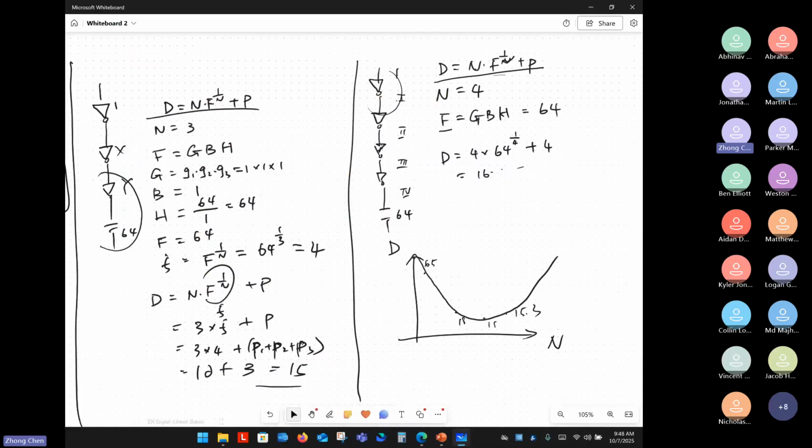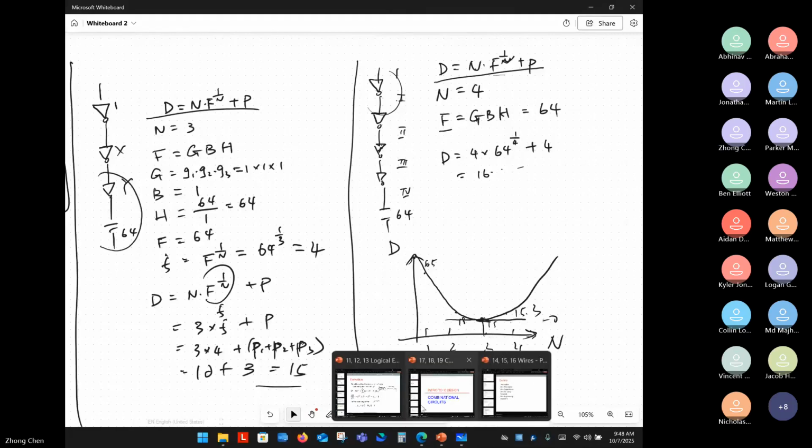So the delay will be something like this. You have this equation, delay time versus N. In order to get the best stage number to achieve the least delay time, you take the derivative of D versus N, and the slope is equal to 0. At that particular point, you get the best number of N. That is what the equation tells you to do.